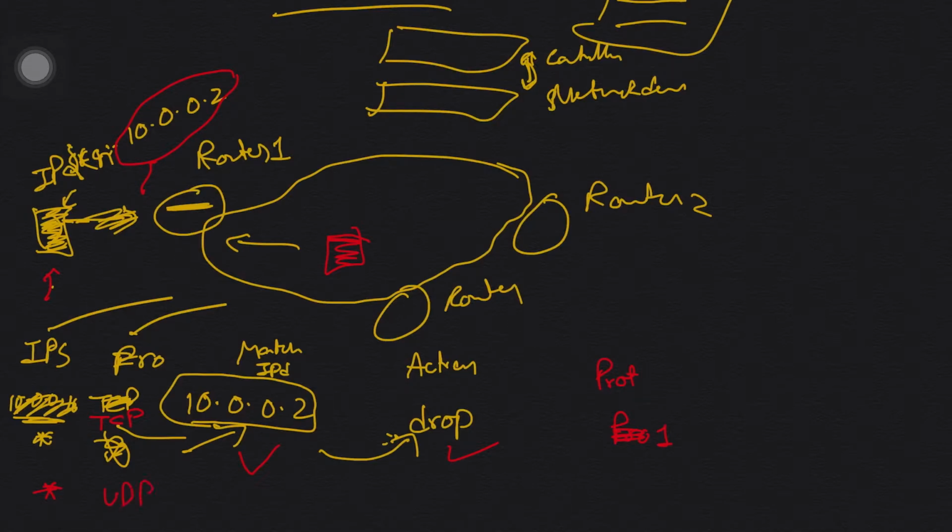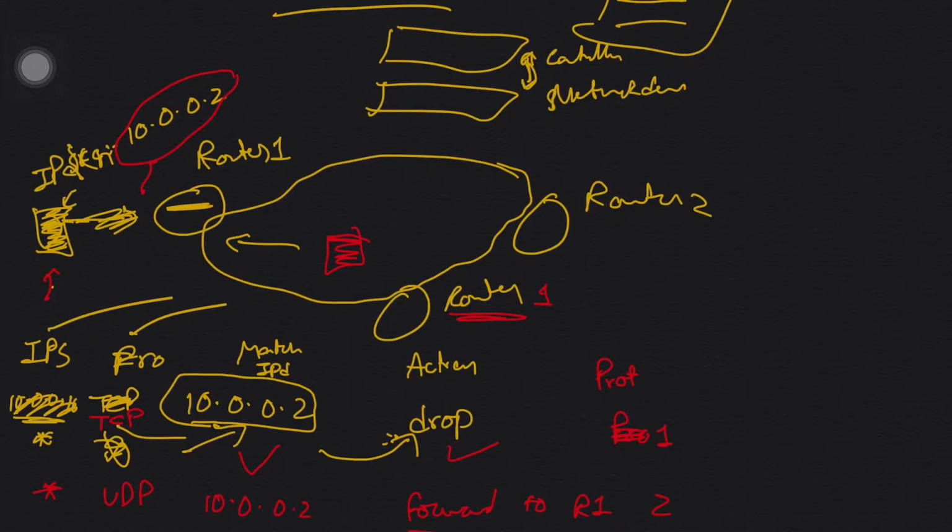If it is UDP and it is from the same source, you have to forward to R1. This is R1, right? Router 1. You have to forward to R1. This is priority 2. Okay. So this is like a niche example.